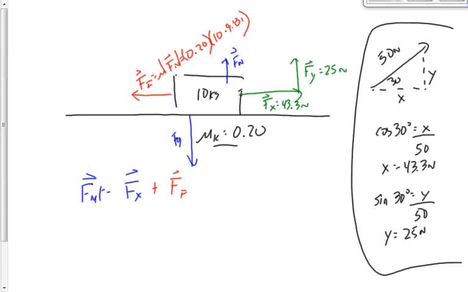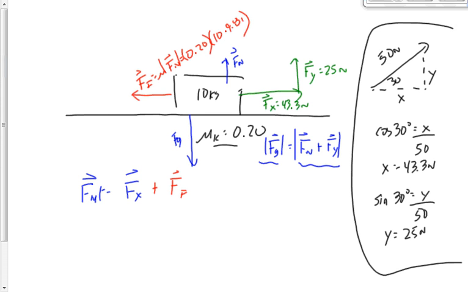So what we're going to do here to get the value of the normal force is say Fg, the downward force, is equal to Fn plus Fy, the y component of the applied force. So it's these two forces combined that's going to give me gravity this time.